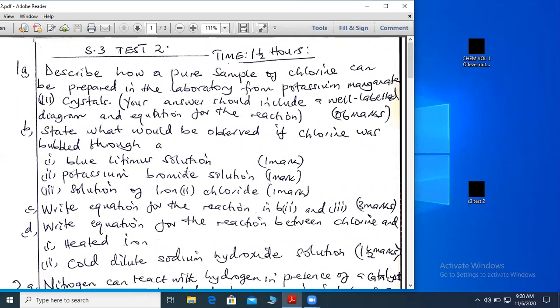So we say, chlorine is more reactive than bromine. Therefore, chlorine displaces bromine from its solution of potassium bromide.